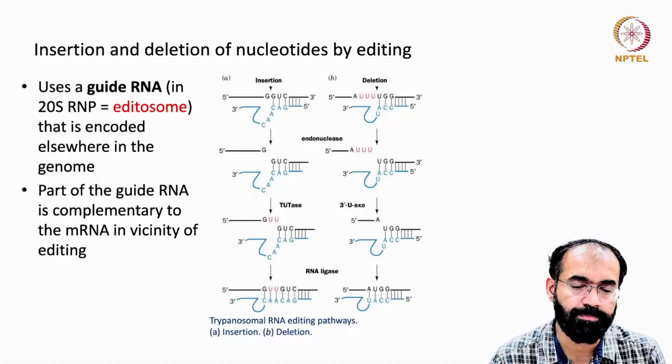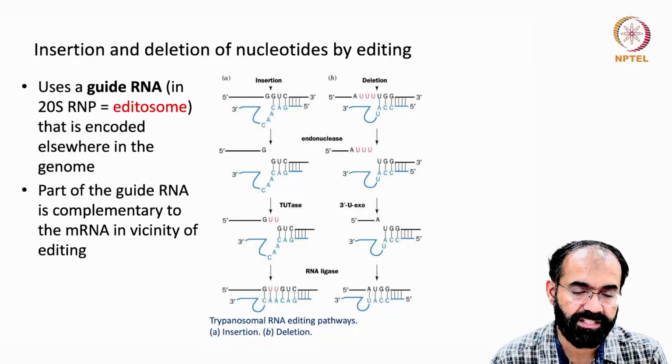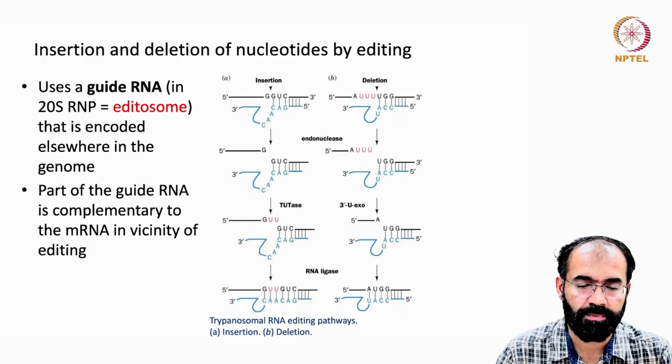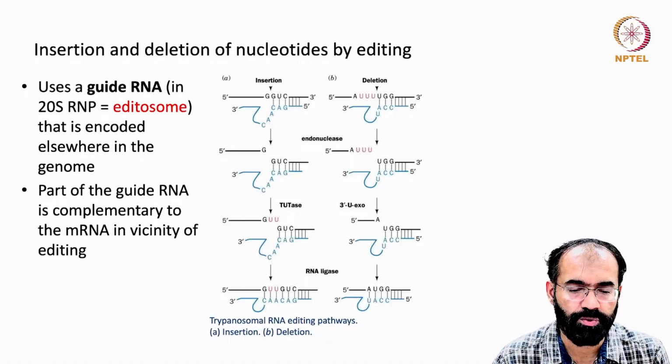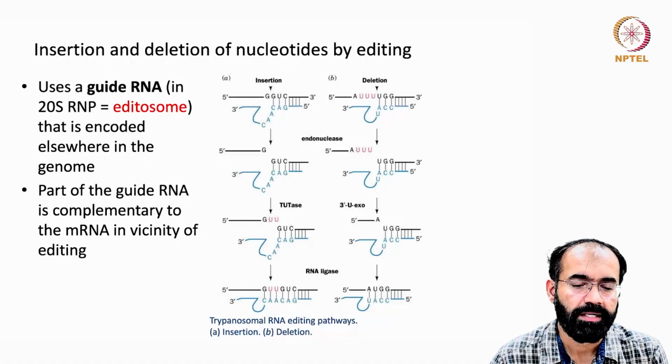So how does it happen? This pictorial manner you can easily understand. The first section A deals with insertion, and the second portion deals with deletion. Let us see how it is done. You have an mRNA which has a GGUC sequence, and this eventually becomes GUUGUC, so you have insertion of 2 bases.